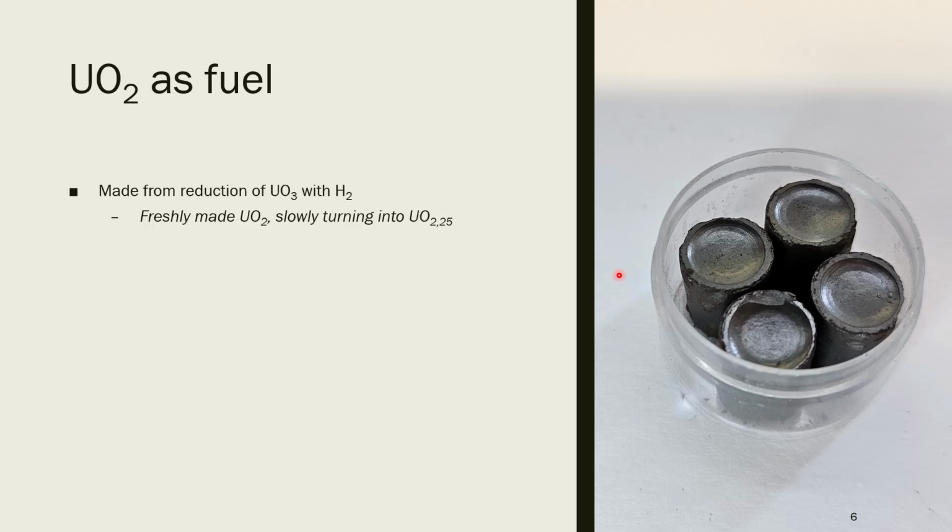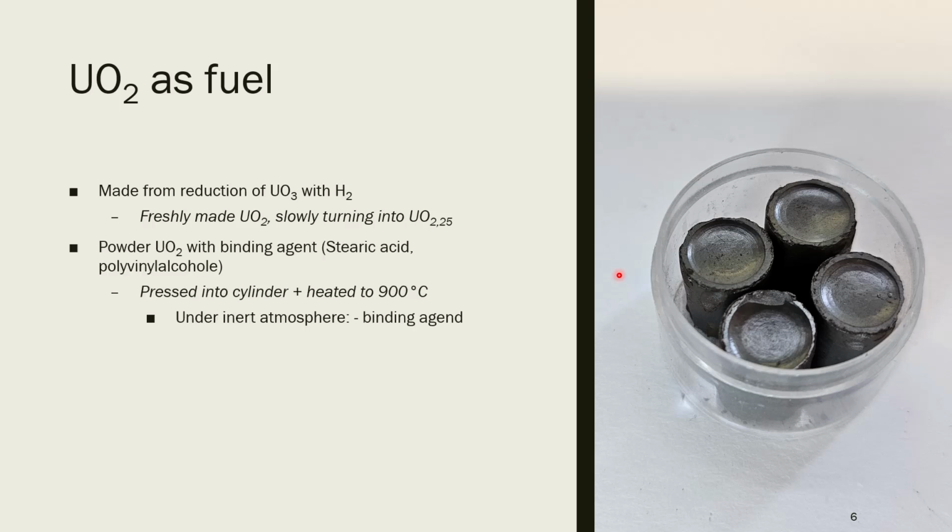This is then reduced with hydrogen to make fresh and hot uranium dioxide powder, but it slowly turns into uranium more than dioxide. The uranium dioxide powder is then mixed with a binding agent, for example stearic acid or polyvinyl alcohol, and the powder is then pressed into a cylinder, heated to 900 degrees C in an inert atmosphere.